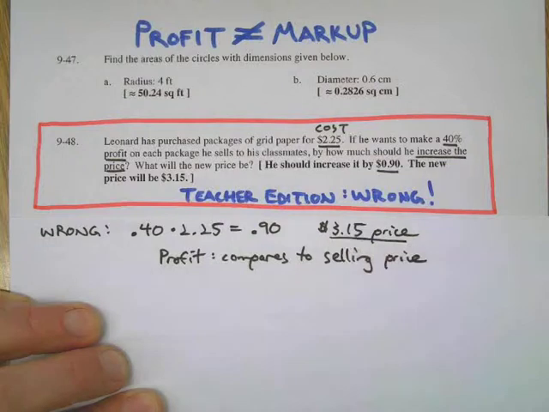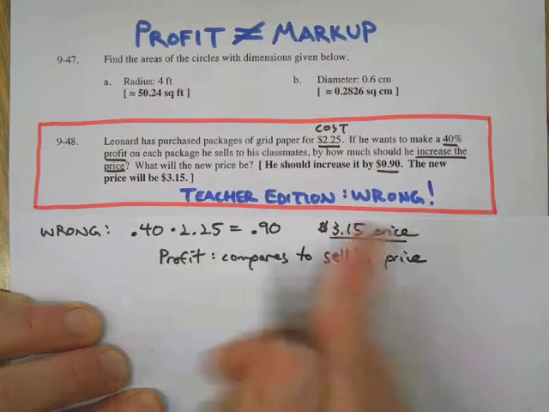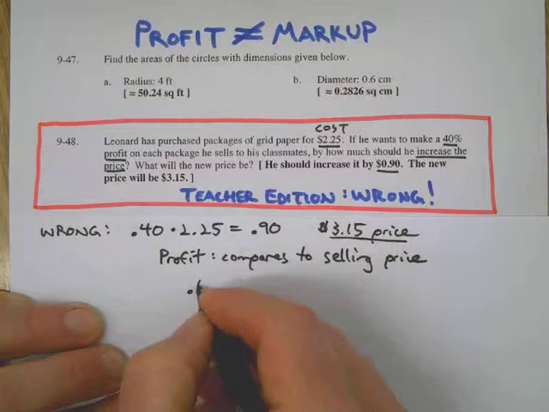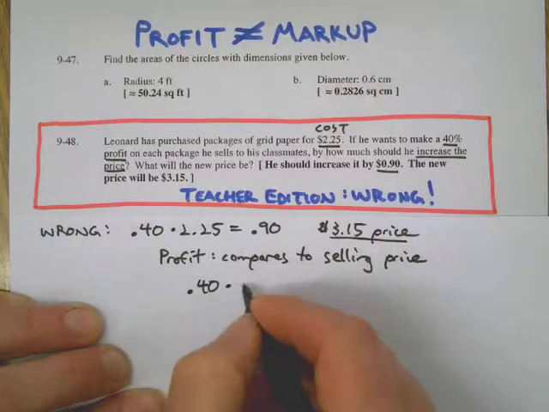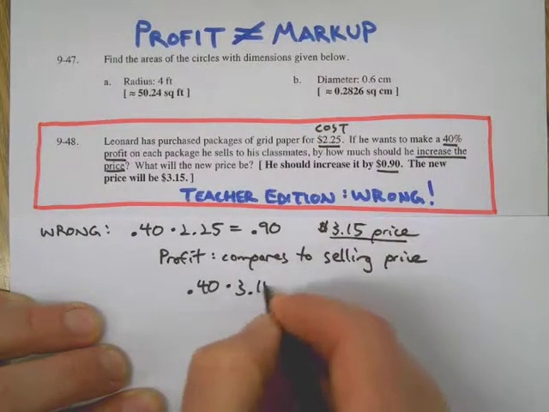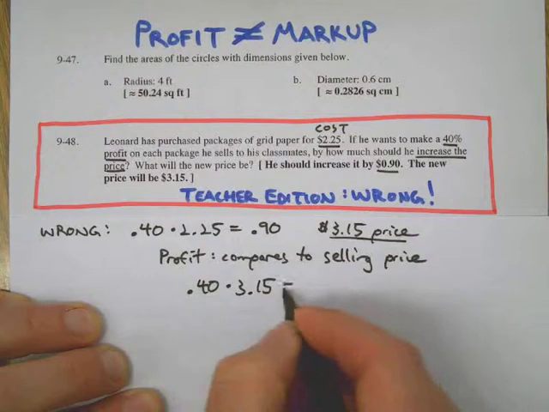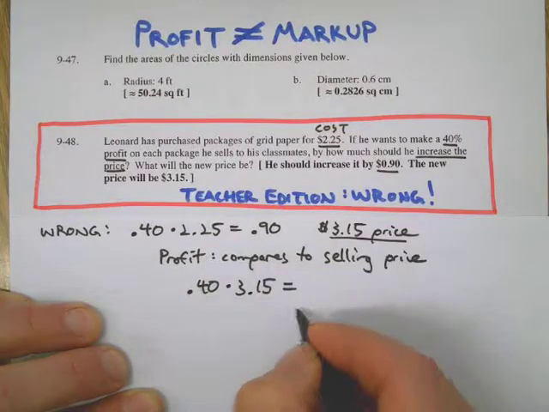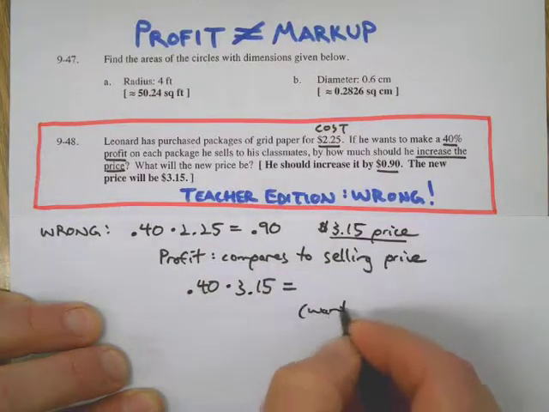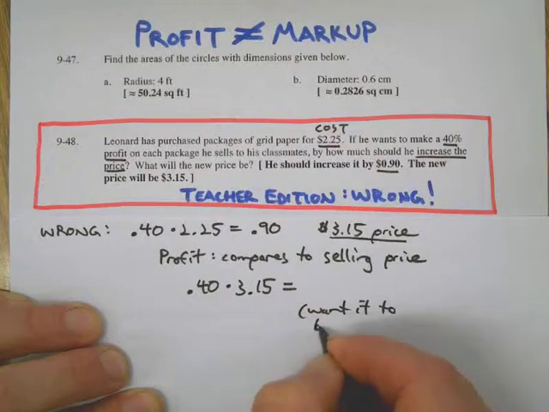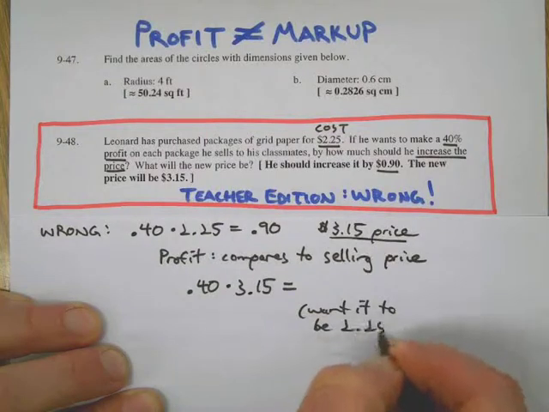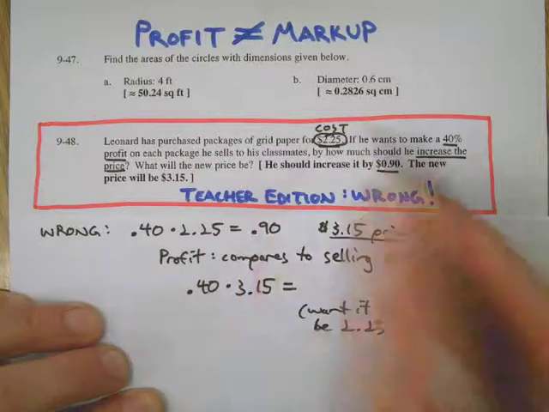Here's our selling price that we came up with. So basically, if I'm going to make 40% profit on a $3.15 selling price, we want this to be $2.25 because that's what the problem told us.